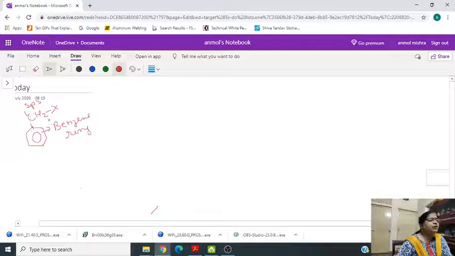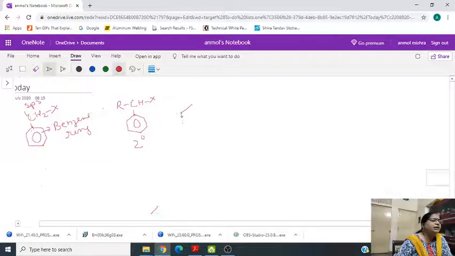This can be of three types, again primary, secondary and tertiary. If at the sp3 carbon one more alkyl group is attached along with the benzene ring, then it is called secondary benzylic halide. This is the first alkyl group, this is the benzene ring, this is the secondary one.